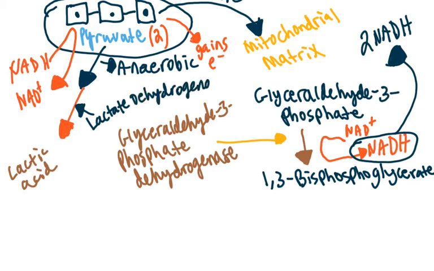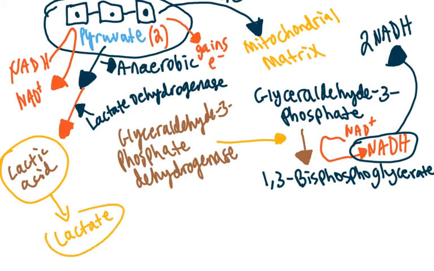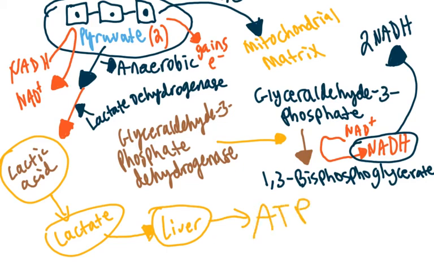And then this lactic acid can dissociate, right, into lactate and a hydrogen ion, and then this lactate can go to the liver, and when it goes to the liver, it can be used to make energy or glucose. All right. So that's what happens in an anaerobic condition.